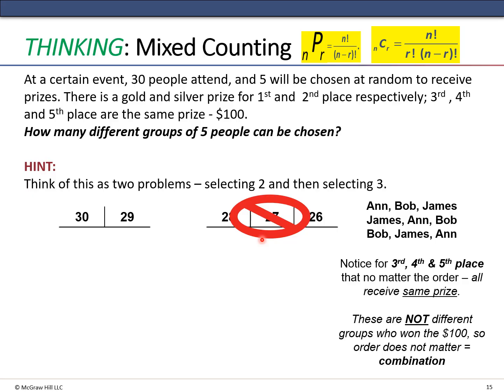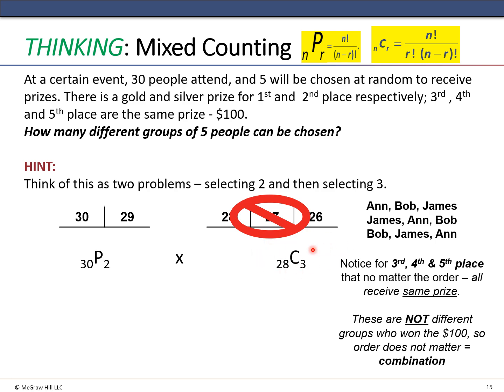Notice for third, fourth, and fifth place, no matter the order, Ann, Bob, James, and Bob, they all receive the same prize. So these are not different groupings of those 3 prizes. So really what we're doing here is we're taking a permutation of 30 things taken 2 at a time. Now, why did the combination change?